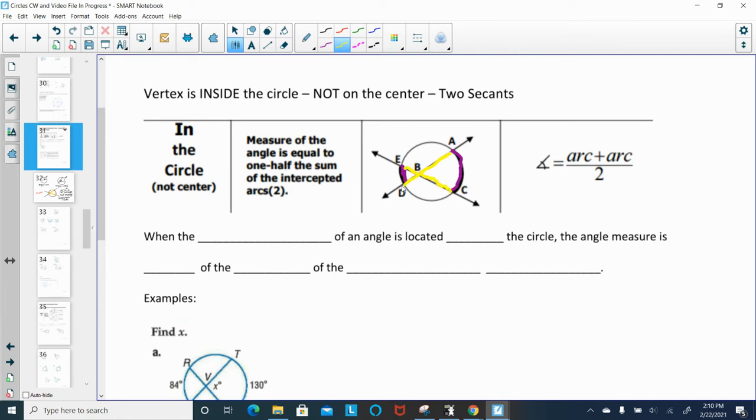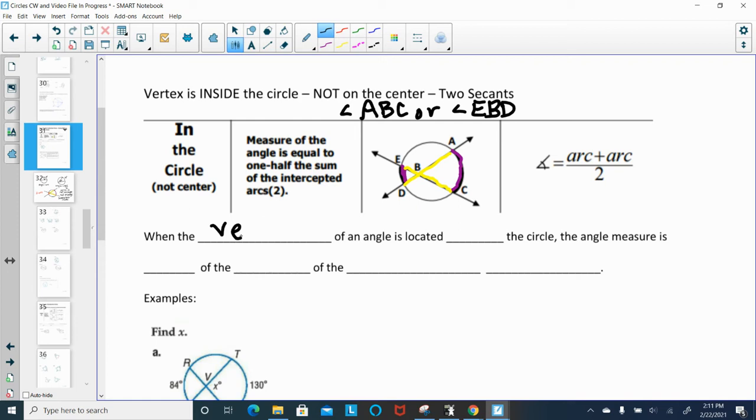No matter what angle we're talking about, whether angle ABC or angle EBD, they're both the same size. They're both vertical angles, so they both will have the same arc intersection on the edge of the circle. So what we do is we take the first arc and the second arc, add them up, and divide by 2.